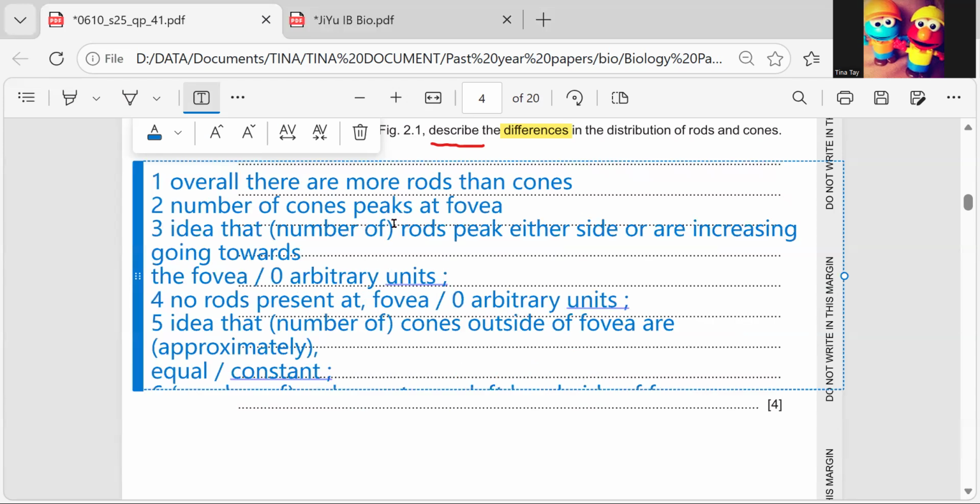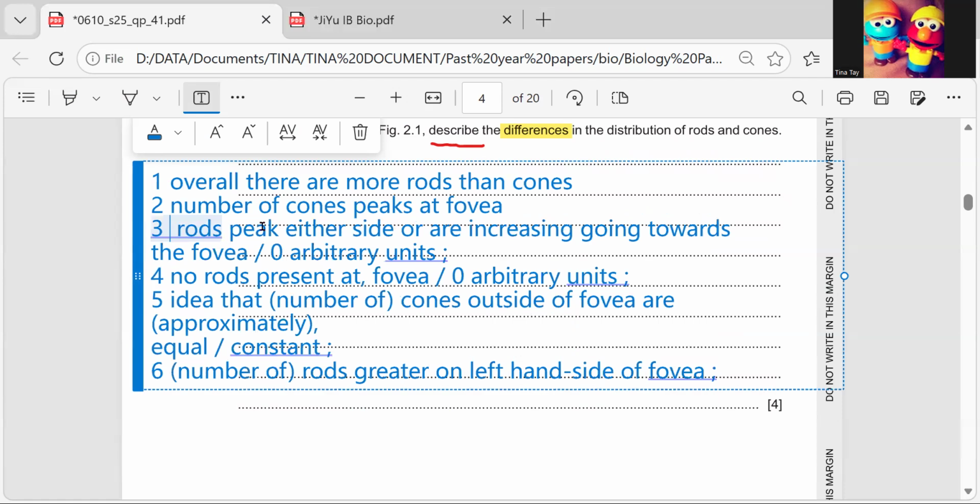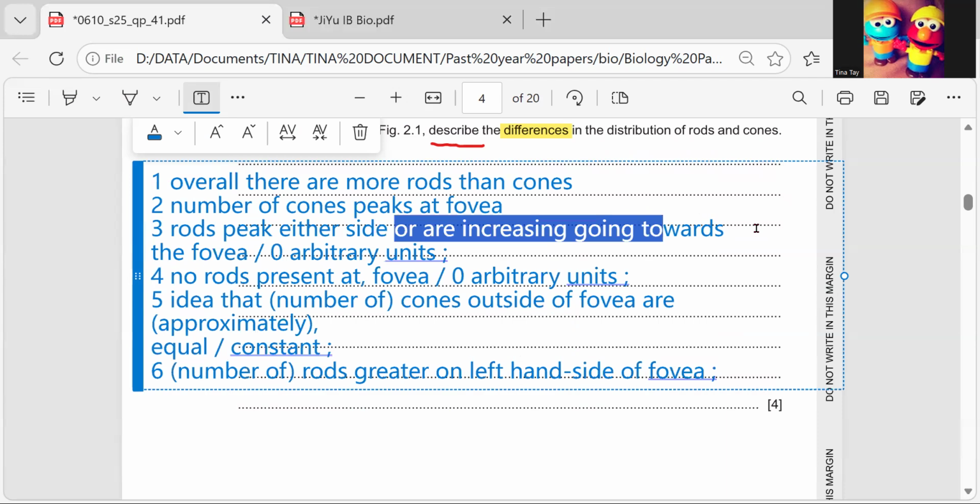Rods peak at either side of the fovea. Can I just say the number? Yes, but you have to say rods peak at either side of fovea. I wrote like 22 arbitrary units to the left and 5 arbitrary units to the right.